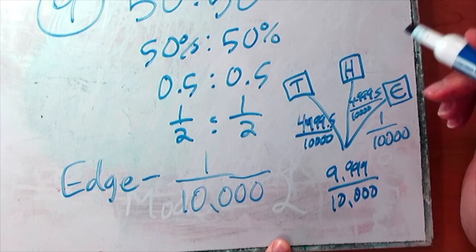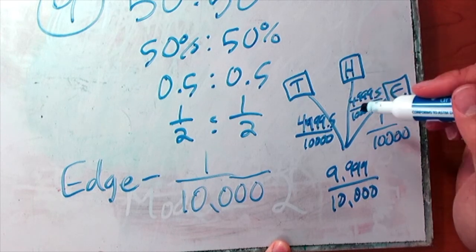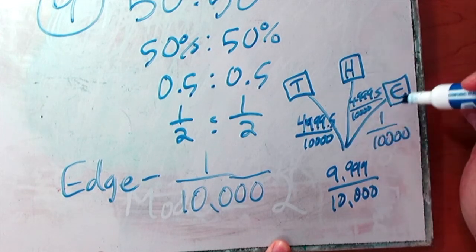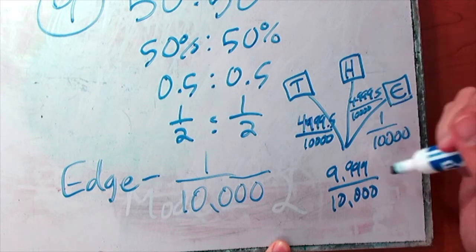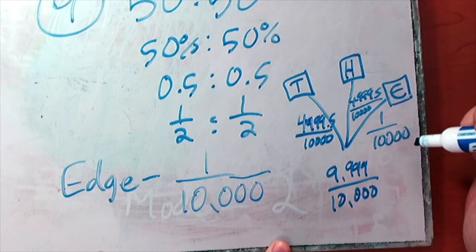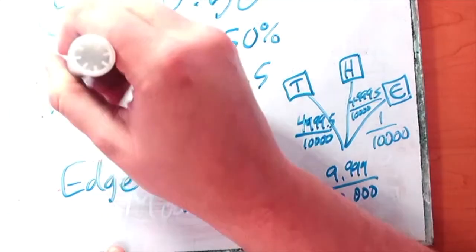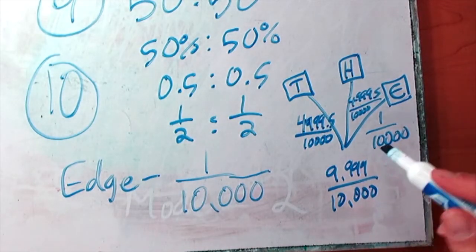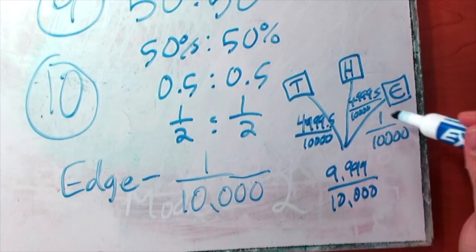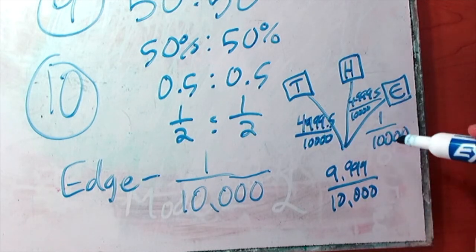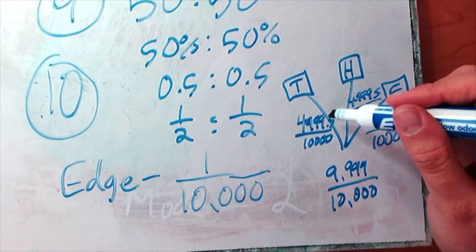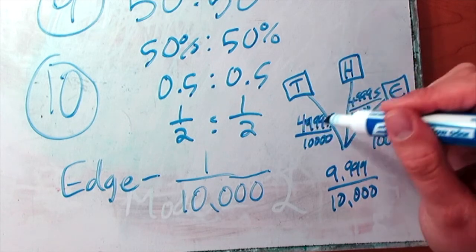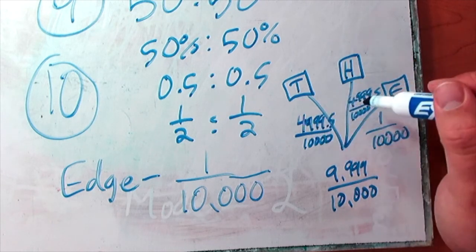And so what is the probability that it lands on the upright edge? Well, I'm going to say, let's say 1 out of 10,000. And question 10 was calculate now the real probability based on this edge that I'm saying. Now the rest of the probabilities are split between these two, tails and heads.